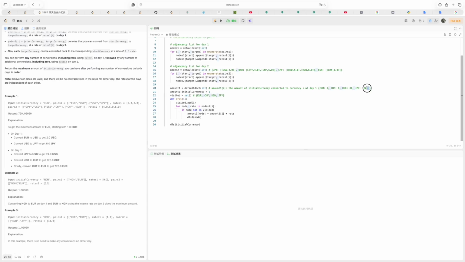Okay. So I think this is for day 1. And then for day 2, we'll have another amount 2, and it is a default dictionary.